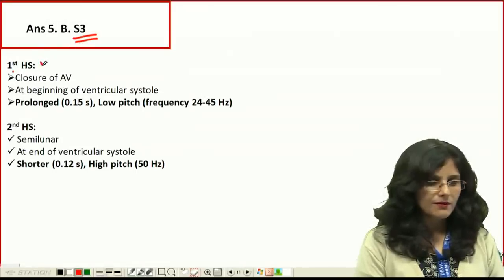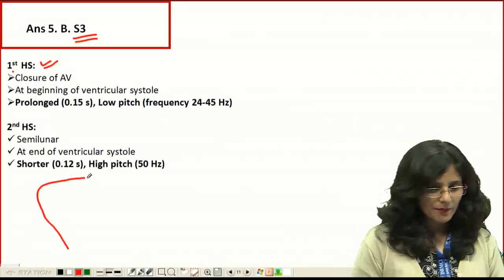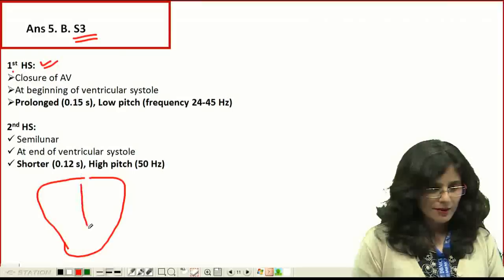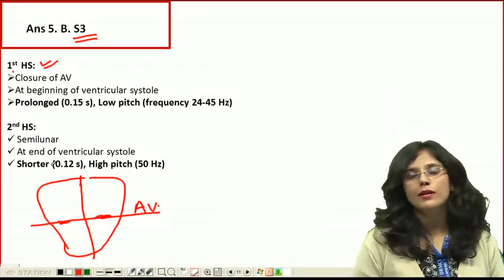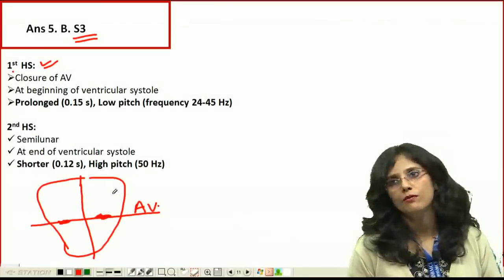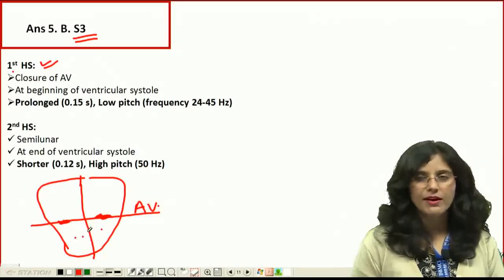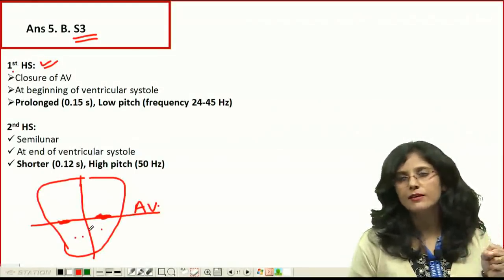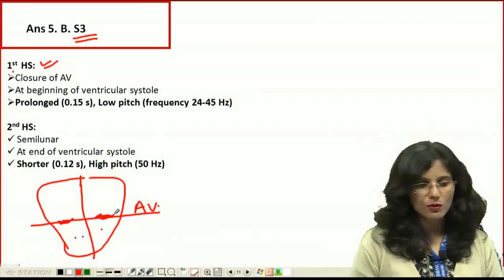Let's discuss. The first heart sound is by the closure of, suppose this is the heart, these are the chambers, mitral and tricuspid valve here, the AV valve, atrioventricular valve. So the first sound occurs by the closure of the atrioventricular valve, especially the mitral valve, at the beginning of systole, because when the ventricles start systole, there is a back pressure and these valves are closed.